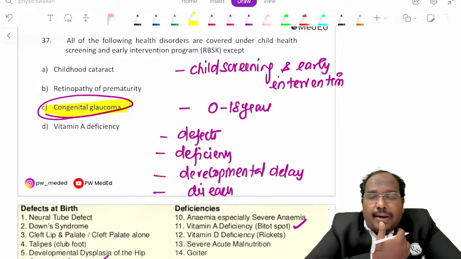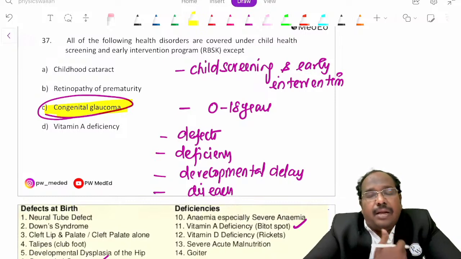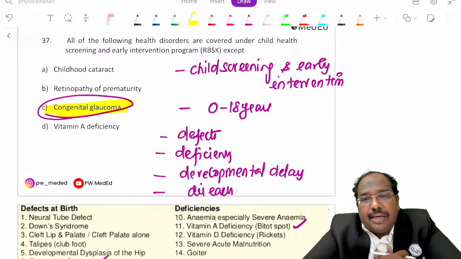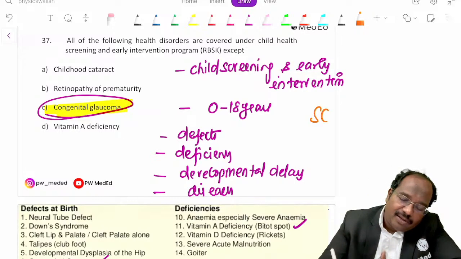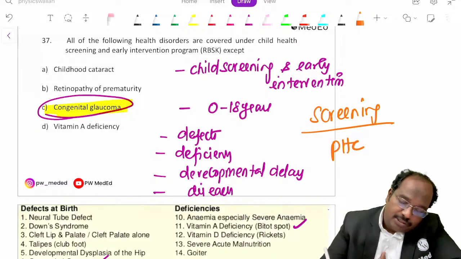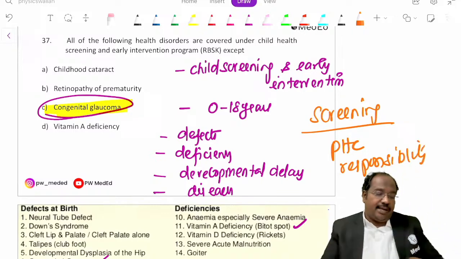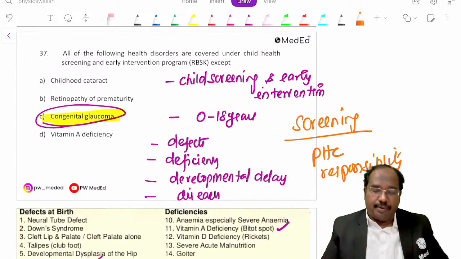From 0 to 6 weeks, home based newborn care is given by Asha, who goes house to house and screens. From 6 weeks to 6 years, screening is in Anganwadi, and after 6 years in the schools. Screening is the PHC's responsibility, the primary health center's responsibility.